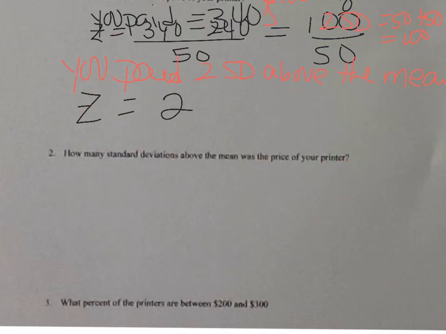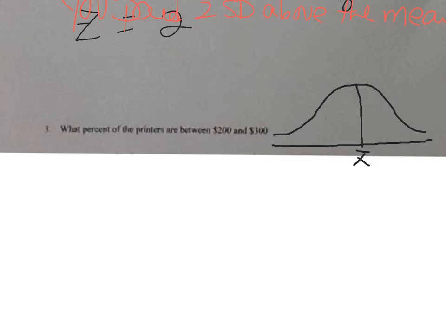All right, and let's look at the last one. It says, what percent of the printers are between $200 and $300? Okay, so this is what we're trying to do. So remember back a while ago, we talked about the normal distribution curve. Remember we drew the curve, and we labeled the mean. Okay, so what I want to do is find what percent is between 200 and 300.